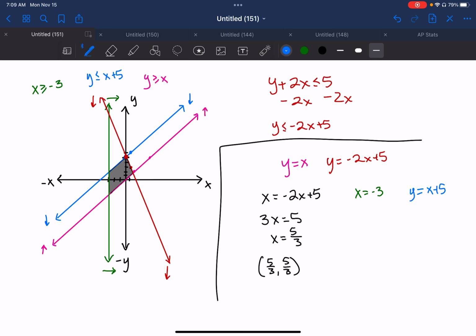All right, substitute in. x is negative 3 means that I have y equals negative 3 plus 5. y equals 2. So one of my other points is negative 3, comma 2. It's right there. So this is kind of the last skill that you need, being able to find those vertices.